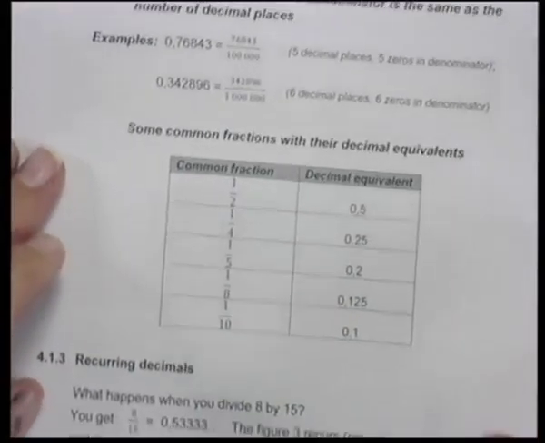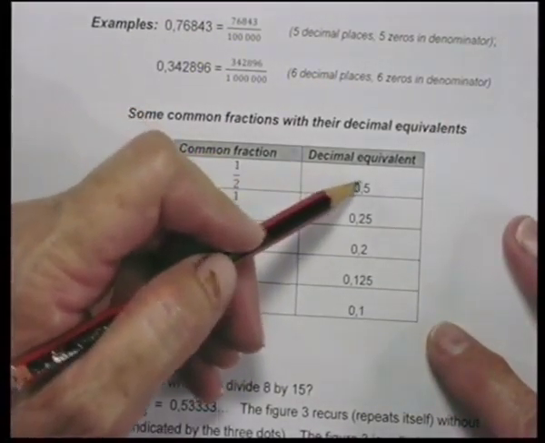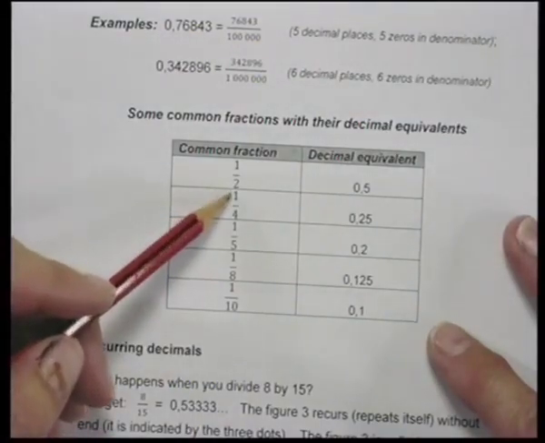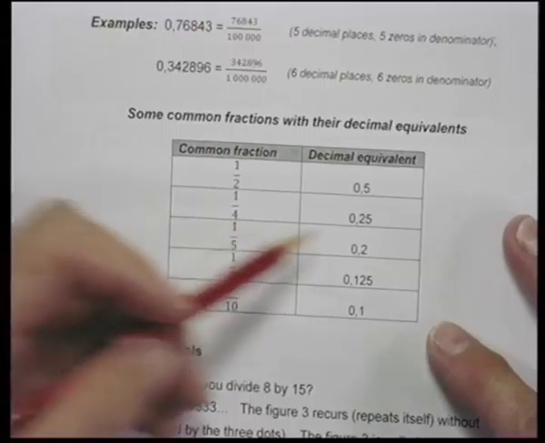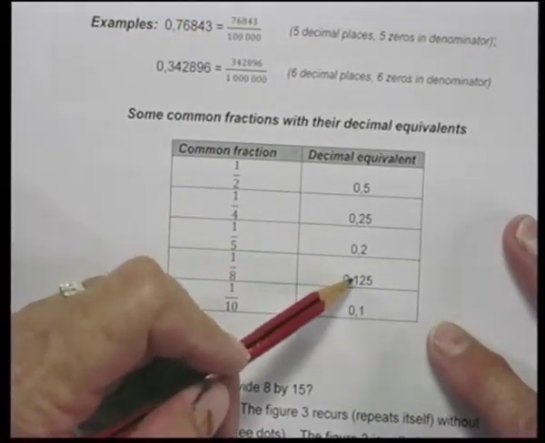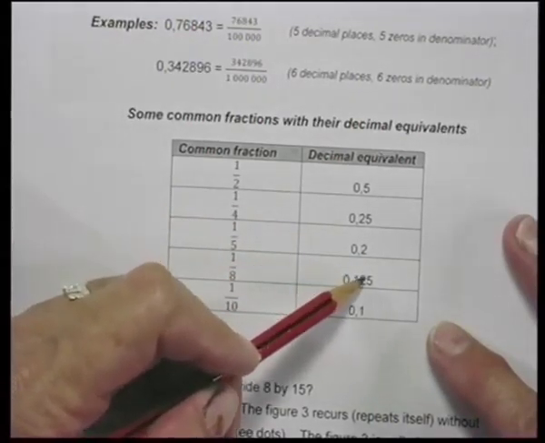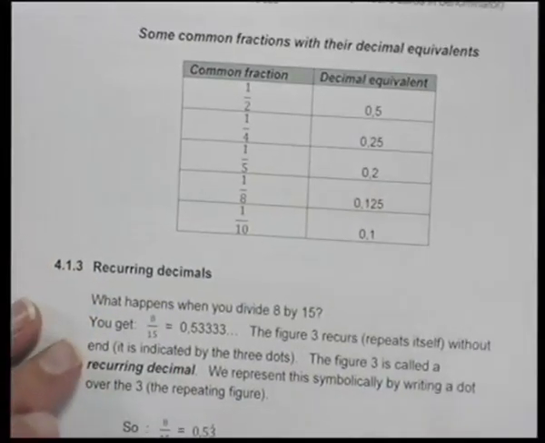If we have common fractions, we can see that a half is the same as 0,5 and a quarter is the same as 0,25. 1/5 is 0,2, 1/8 is 0,125, and 1/10 is the same as 0,1. And then sometimes we get recurring decimals and how we write it then.